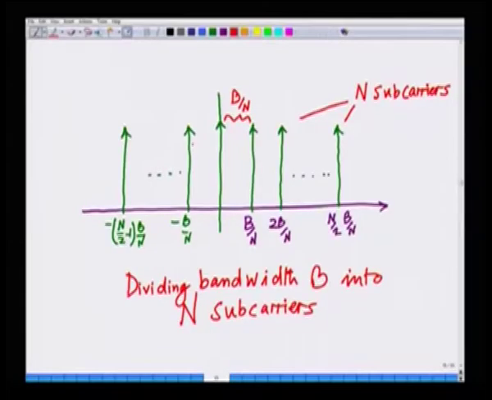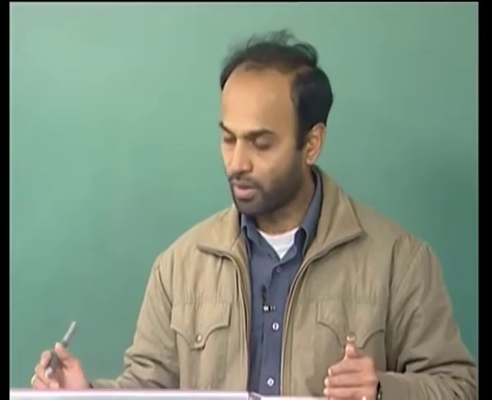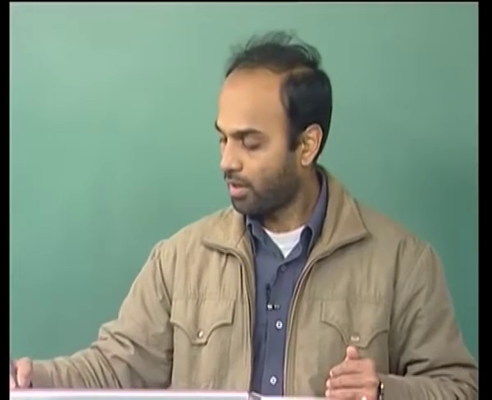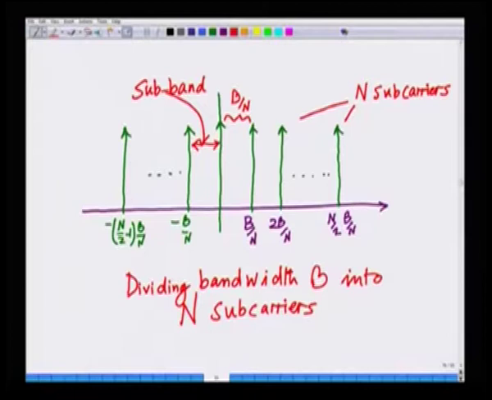In fact, this is a sub band. So, I am decomposing the bandwidth into multiple sub bands. I am using subcarriers in each of these bands, and the net bandwidth is allocated to me. I am dividing it into n subcarriers, and the spacing is B by n.